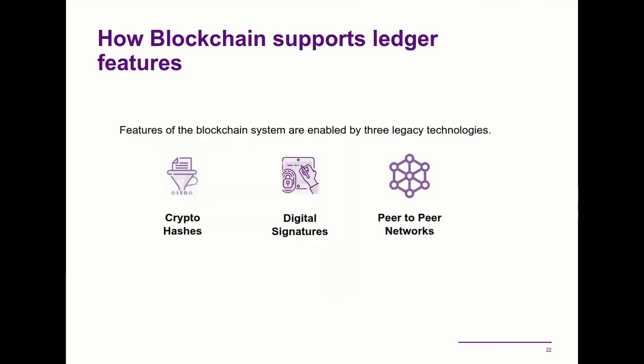To understand blockchains, one needs to just be familiar with these three basic technologies so that one can understand how they come together and create this trusted ledger system that we've been talking about. These three technologies are crypto hashes, digital signatures, and peer-to-peer networks.